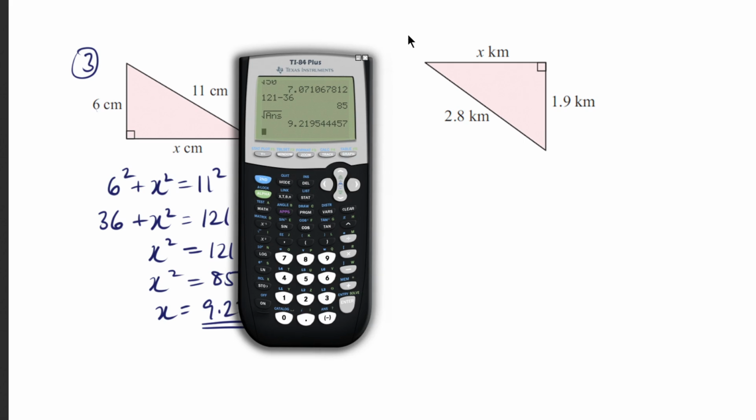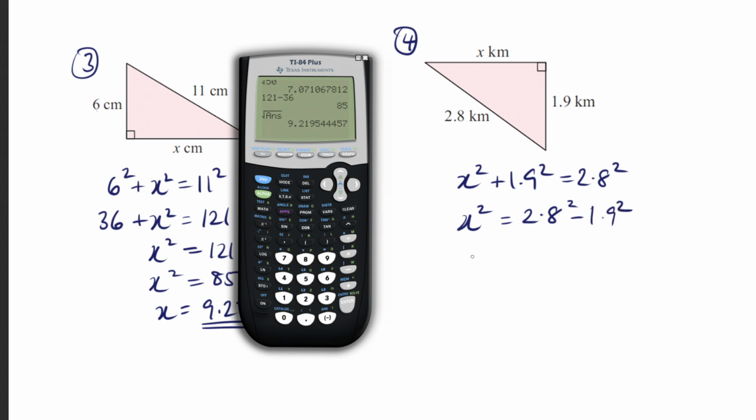Okay, question 4, exactly the same. We've got the longest side and we want to find a shorter side, so we're going to end up with this. If you want to do it all in one calculation, you can just rearrange it. And even we could square root now if you wanted to, so it would be basically the square root of the answer to this.